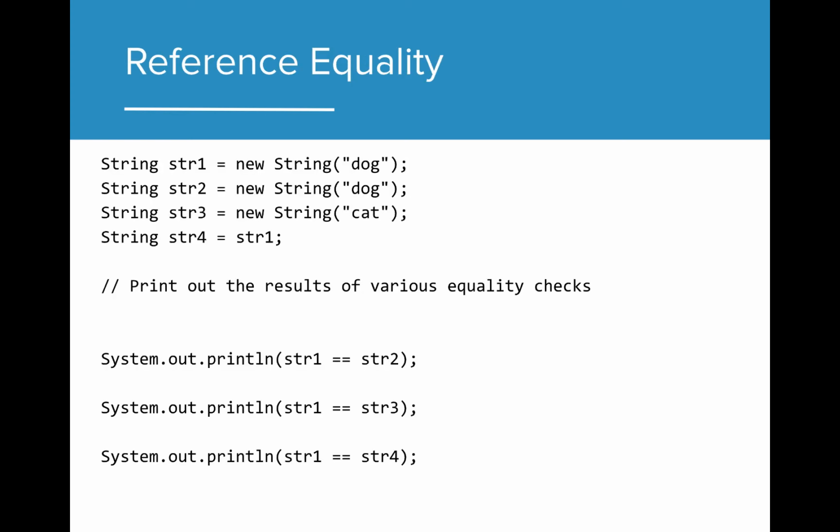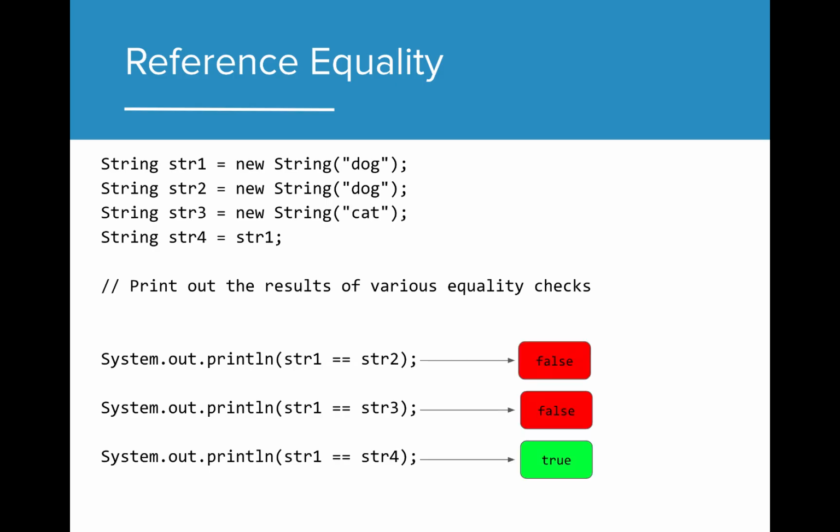Now that we've learned a bit more about comparing objects, let's get some practice evaluating a couple of statements. Using the 4 strings initialized on this slide, can you determine what the results will be for the print statements? The first 2 statements will print false, and the third statement will print true.